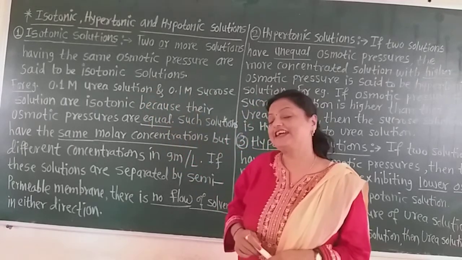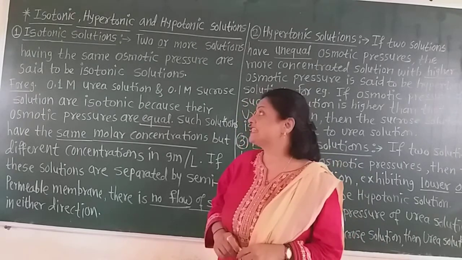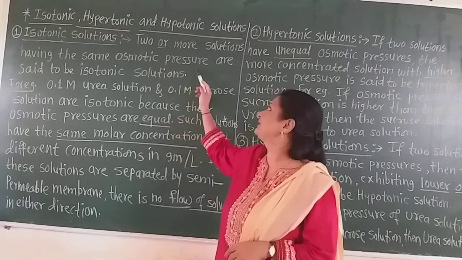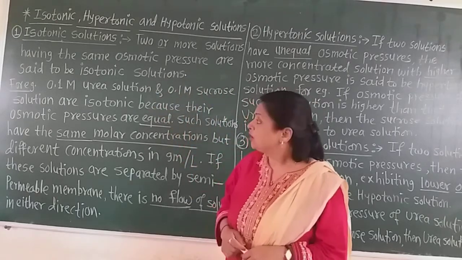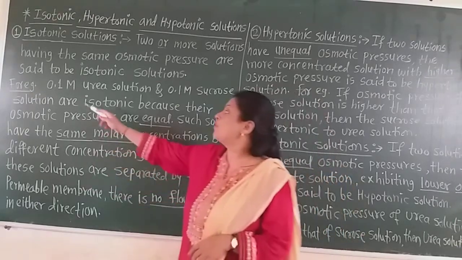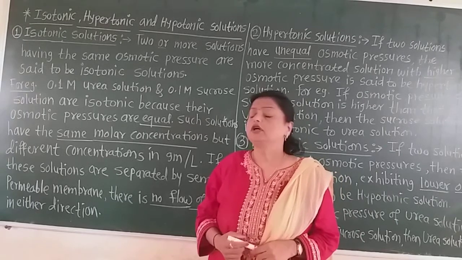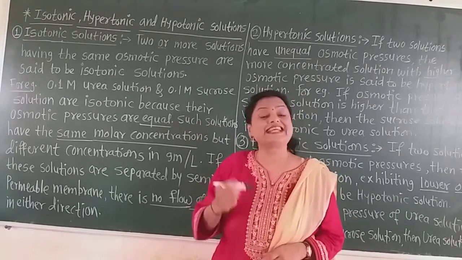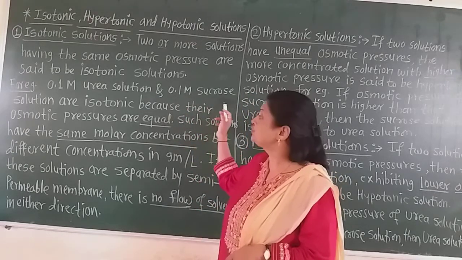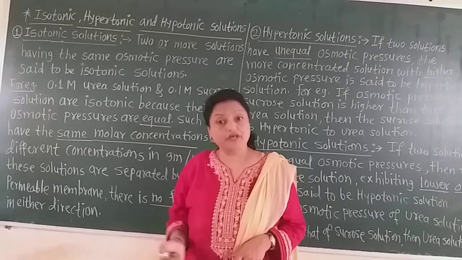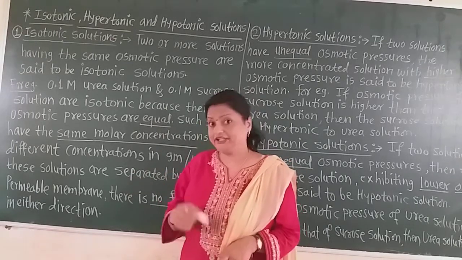For example, for a 0.1 molar urea solution, we must dissolve 6 gram of urea in 1 liter, and for a 0.1 molar sucrose solution, we must dissolve 34.6 gram of sucrose in 1 liter.